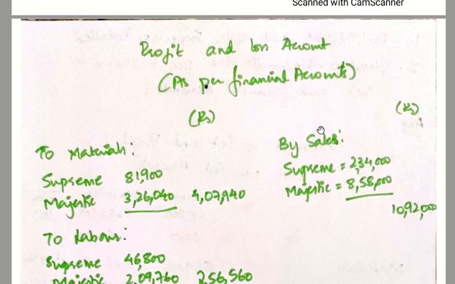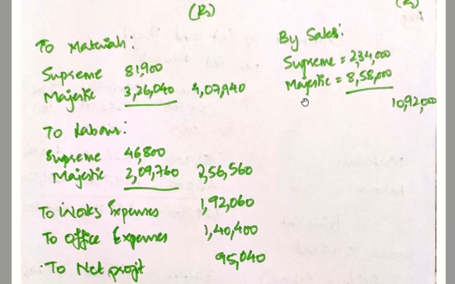Now profit and loss as per the financial accounts. Profit and loss account as per financial accounts. So we start with trading account.